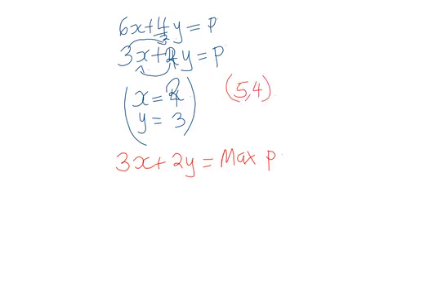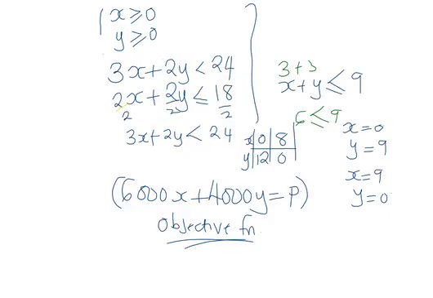So this will be 3 multiplied by 5 plus 2 multiplied by 8, which is 15 plus 16. But we are supposed to substitute in our original objective function, where we have the profit made for each item.